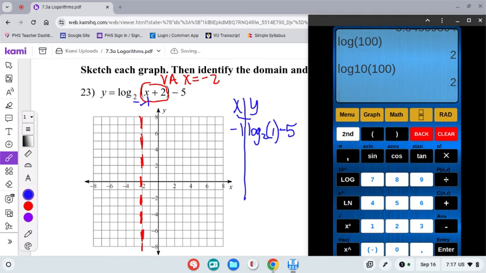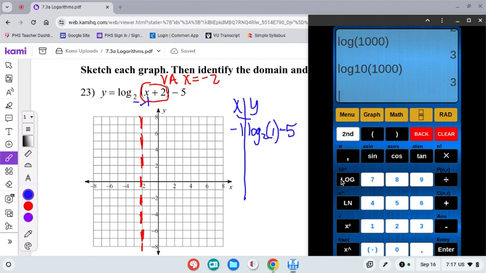What exponent makes 100? If I say log 1000, I know that's 3 because I'm looking for the exponent on a 10 that makes 1000.